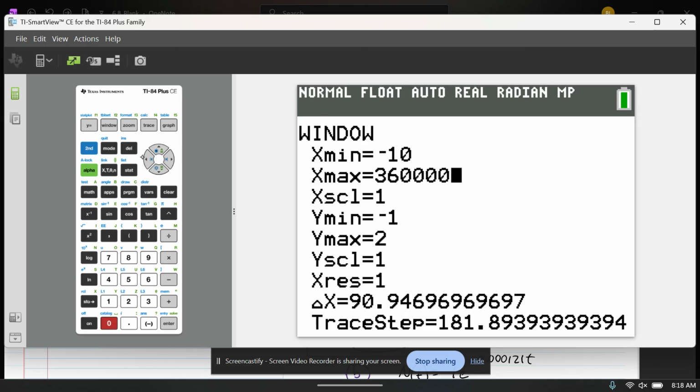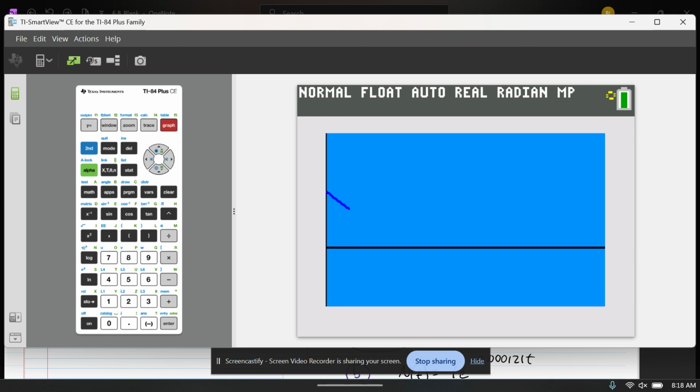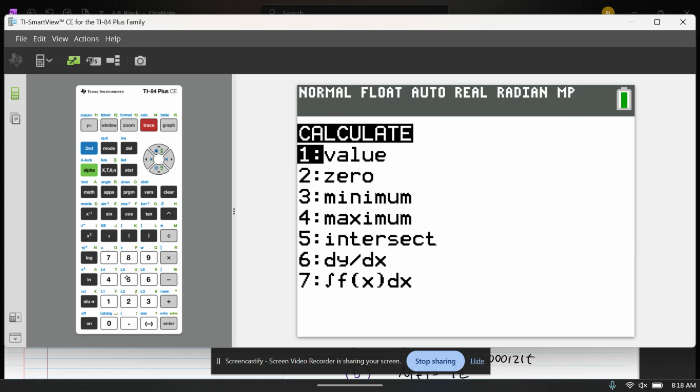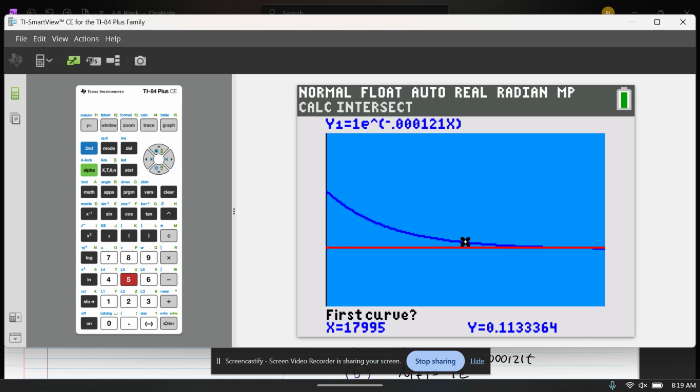Nope, not 36 million, 3.6 million, but 36,000. See if that gets us where they look like they're crossing. Oh yeah, I got the cross. I can see the blue dipping low below that, so I see the cross is happening there. So I'm gonna hit second trace, intersect, and then enter 3 times.